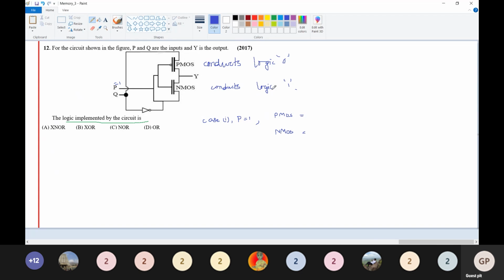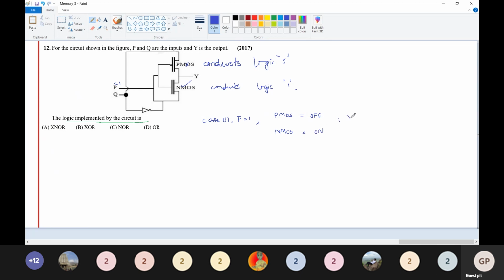When P is equal to 1, does the PMOS conduct? No, it does not conduct, so it is in the off condition. And the NMOS conducts, so the NMOS will be in the on condition.